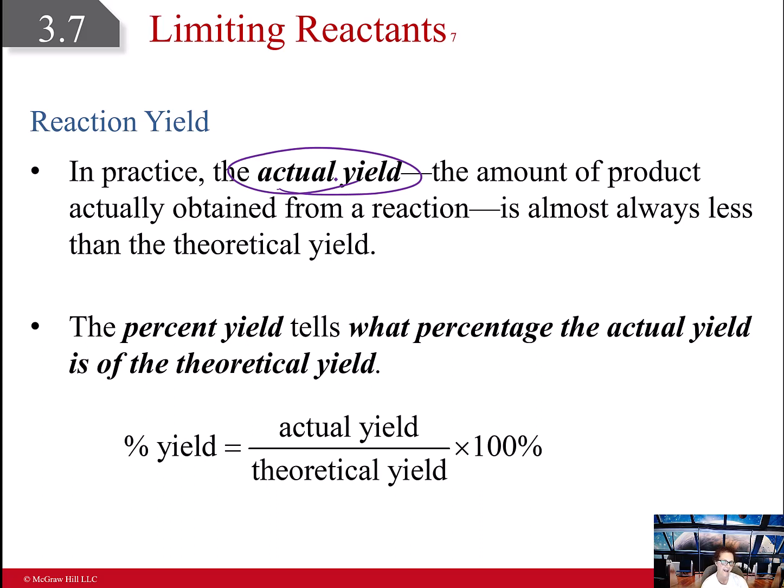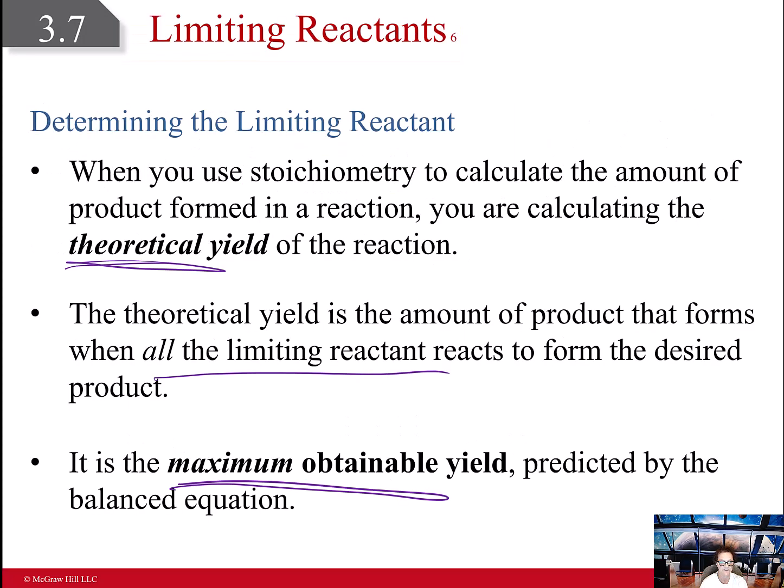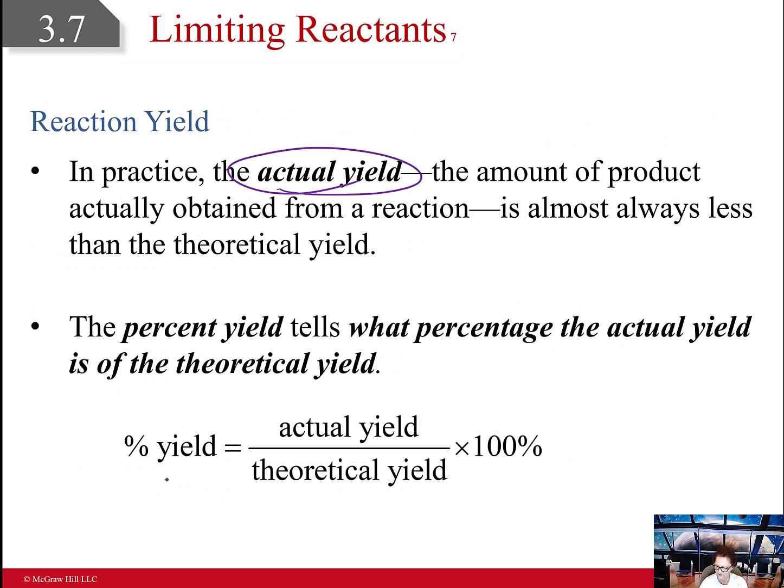So it's kind of like how good did you do. If you get 80% yield, that's pretty good. That means 20%, you didn't. It's just the actual yield divided by the theoretical yield times 100, and that's your percent yield.